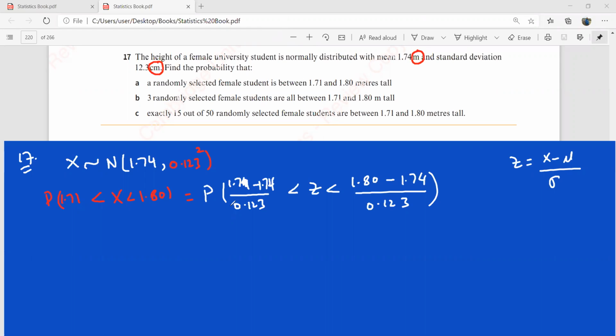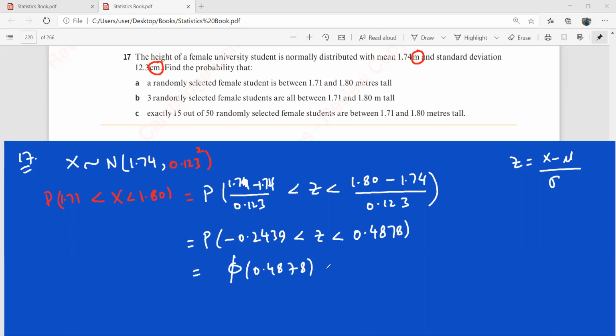So this gives me minus 0.2439, and this one is 1.8 minus 1.74 divided by 0.123, and I get this as 0.4878. Okay, so this is phi of 0.4878 minus phi of minus 0.2439.